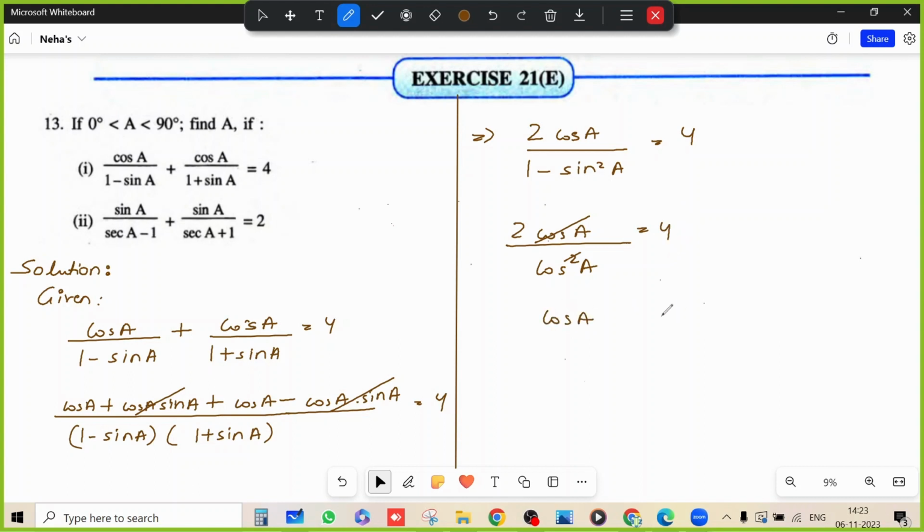This can be rearranged as cos A is equal to 2 by 4, which is equal to 1 by 2. And we know that cos 60 degree is equal to 1 by 2. From this we can conclude that the value of A is equal to 60 degrees.